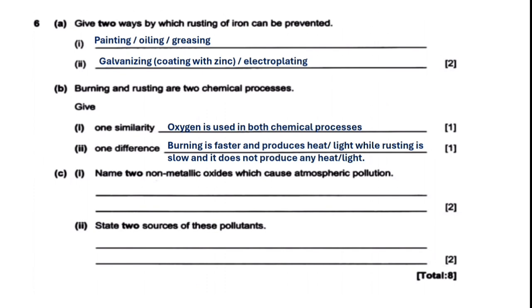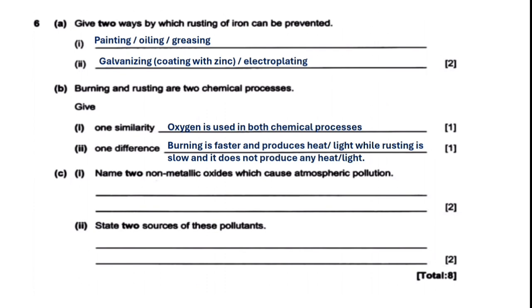Okay, name 2 non-metallic oxides. Remember this question? The previous question was asking about the chemical substance that pollutes the air. Now they have asked it in another form. Name 2 non-metallic oxides which cause atmospheric pollution.